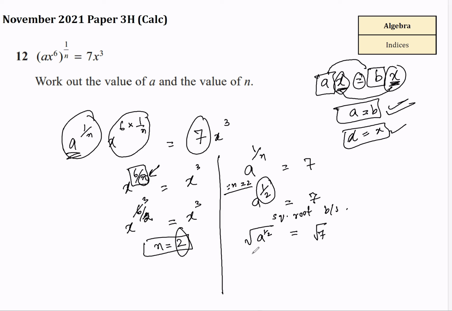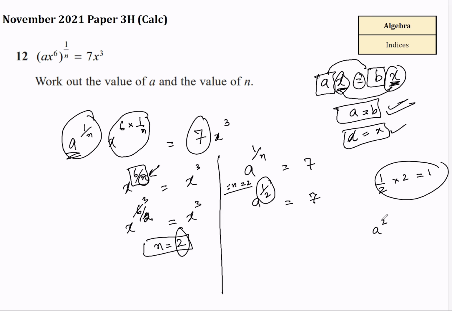Do we need a square root or do we need a square on both sides? Half times 2 is 1, right? We need a square. We don't need a square root. A square root is needed when there is a square. If we have to eliminate a square, we take a square root. If we have to eliminate the power half, then we have to take a square.